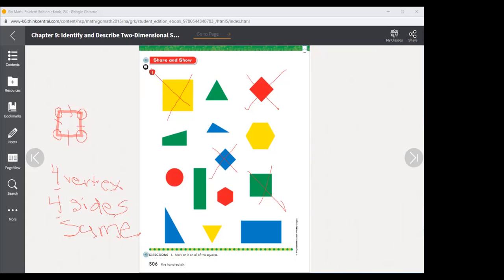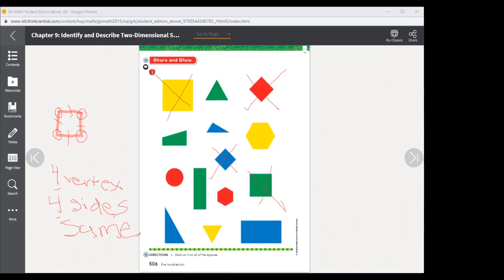No, thank you, Russell. You are correct. It has 4 sides, but they're not the same, right? These 2 look longer and these 2 are shorter. So that does not make it a square because a square has the same sides.